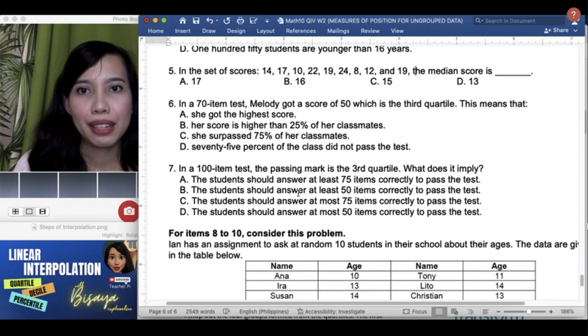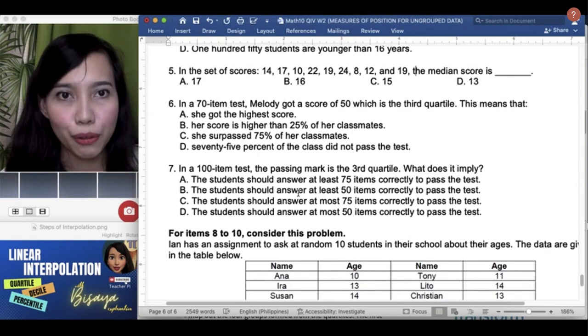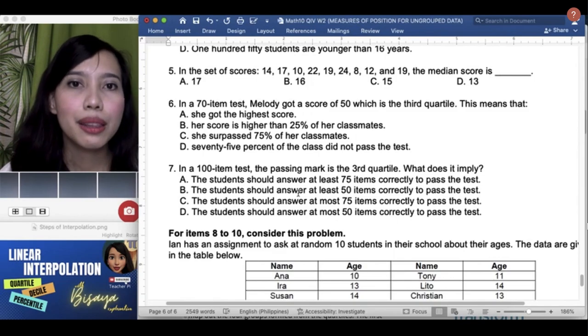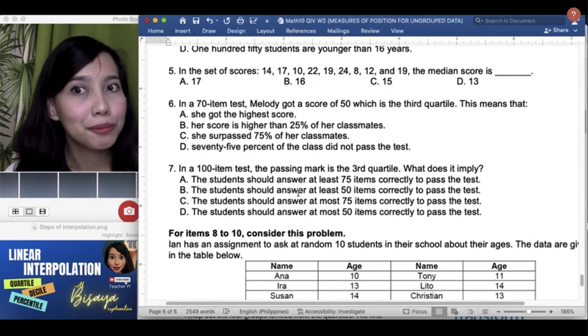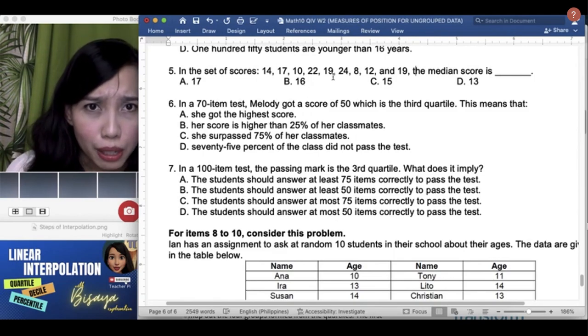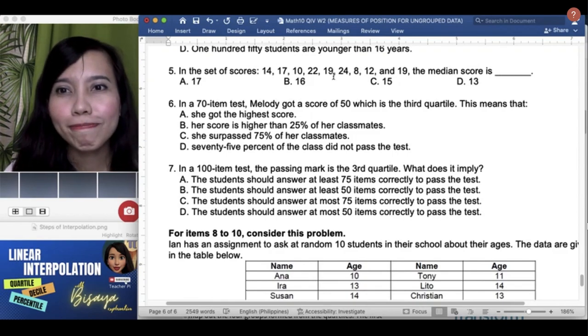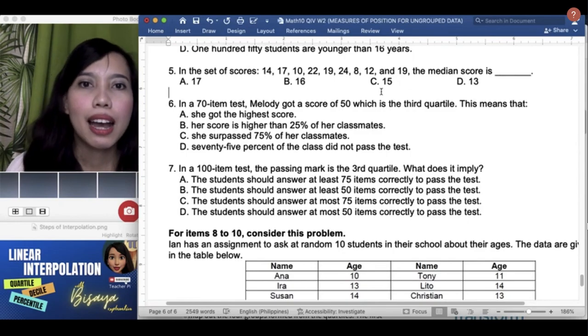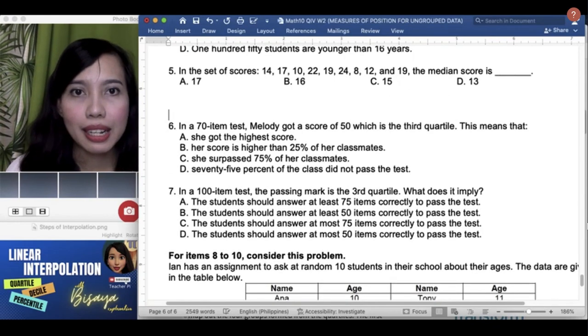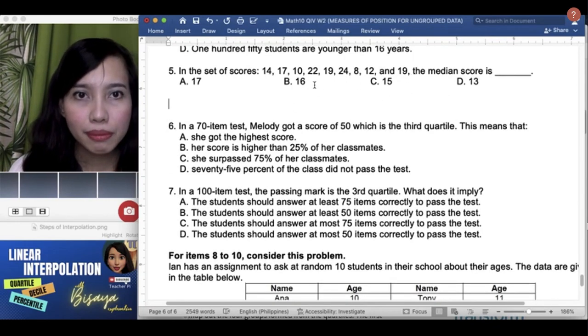Number 5. In the set of scores 14, 7, 10, 22, 19, 24, 8, 12, and 9, the median score is... Okay, can we get the middle directly? No, right? We need to arrange it in ascending order.